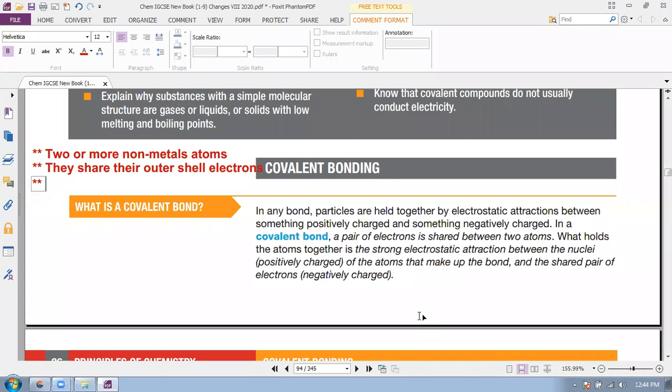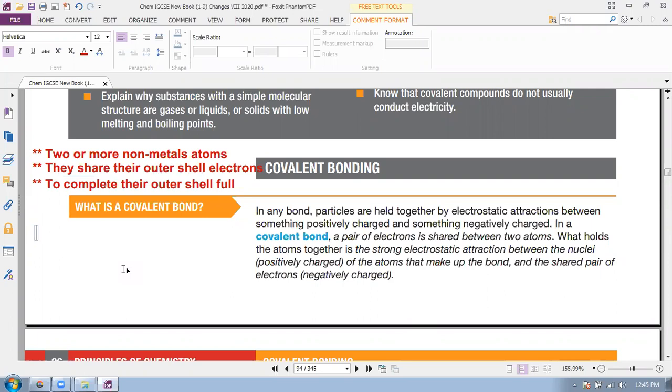To complete their outer shell full. So when we say that the outer shell is full, there are some elements that, if they have two electrons in their outer shell, then we say that the outer shell is full.